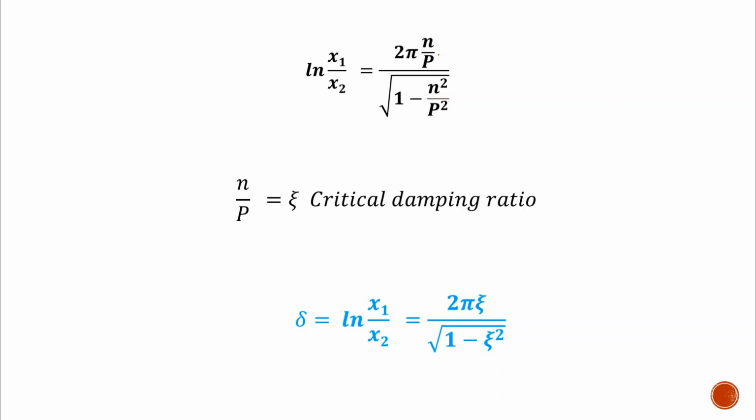Now dividing the numerator and denominator of this term with p: 2π n by root p square minus n square.